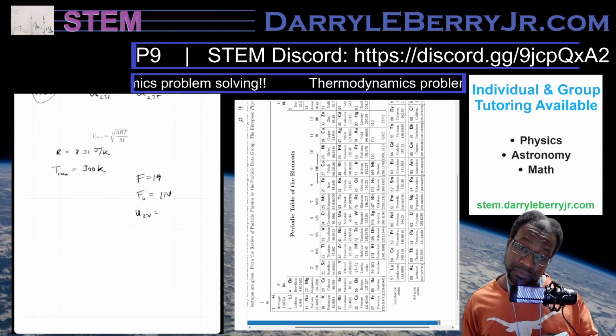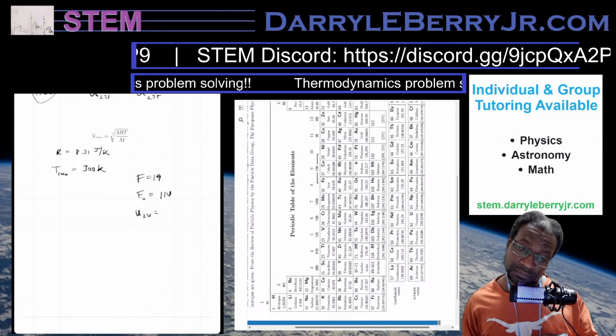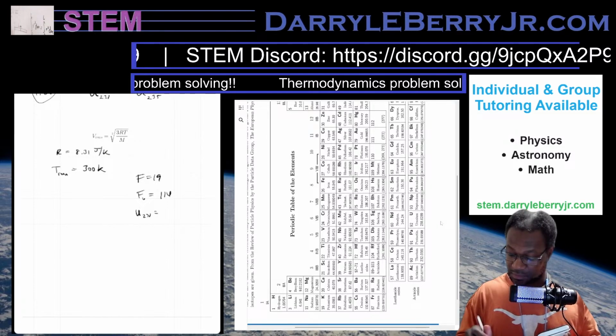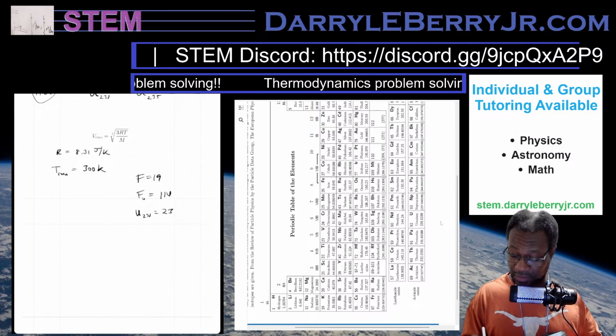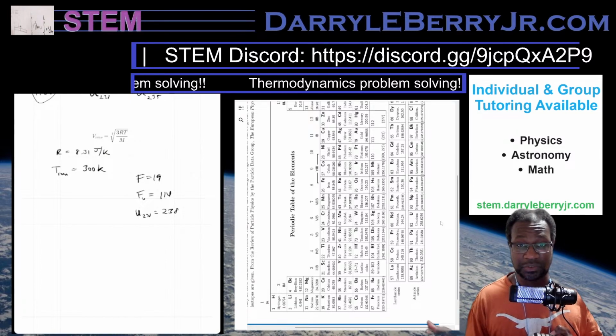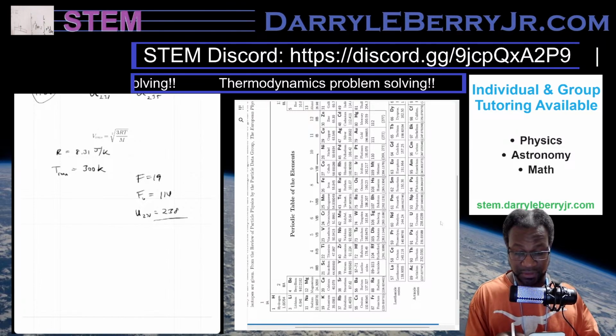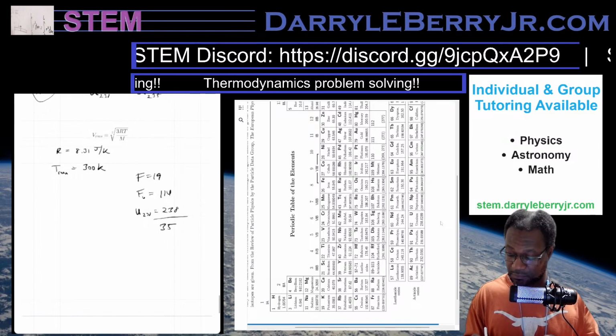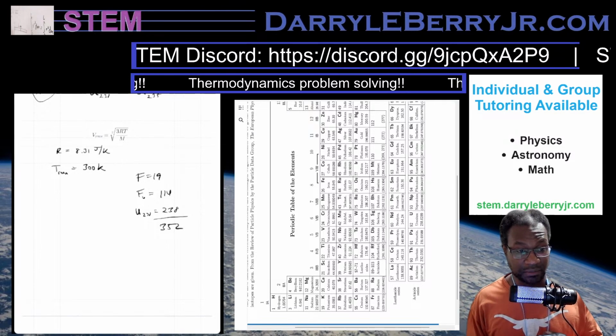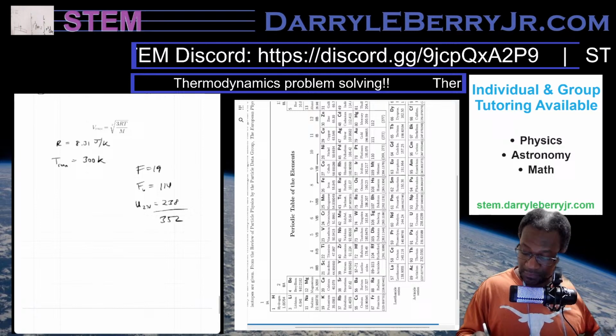Suppose it means the 238. Yep. 238 is 238. That means the atomic mass is 238. There's 238 neutrons and protons. So plus 238 equals 352. So that's how the book got that mass.